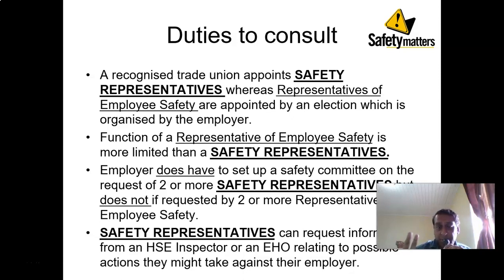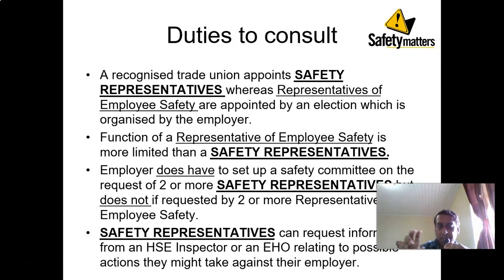Right? A safety representative can request information on actions they might take against their employer. So this is a good point here in terms of the functions of the safety representative, right? I have that on another slide anyway, but you can see here that they can actually request information from the government inspectors. Remember, the HSE is the UK Health and Safety Executive.